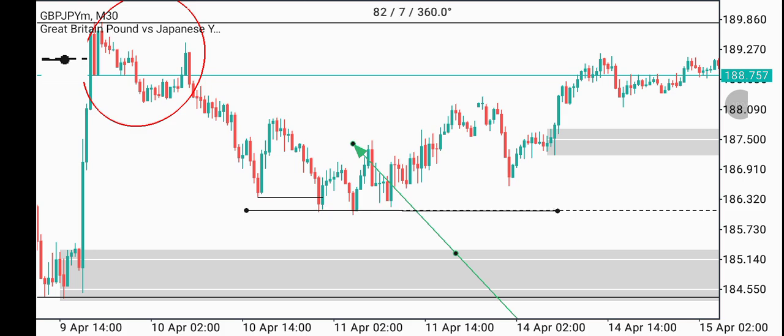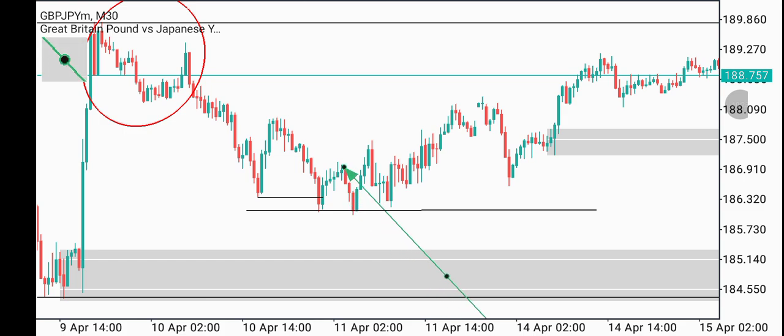At this point here, we'll create a double bottom. So what does this signal?